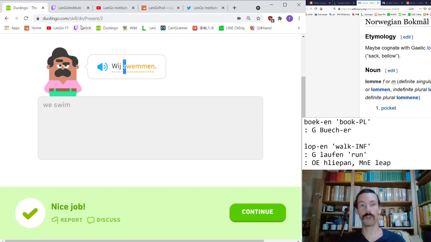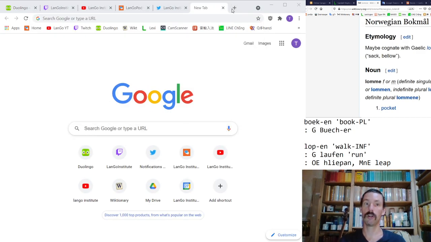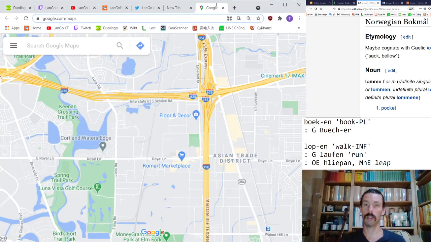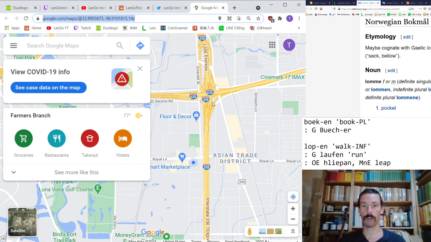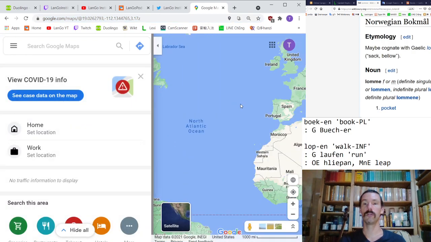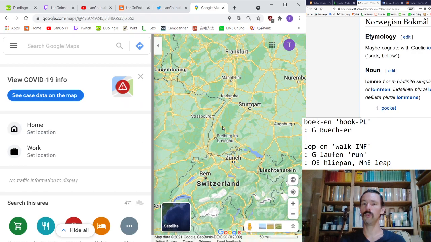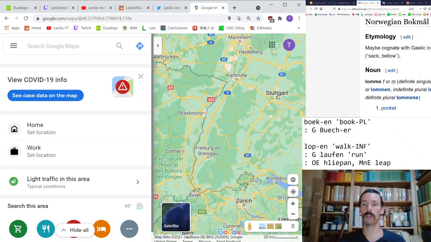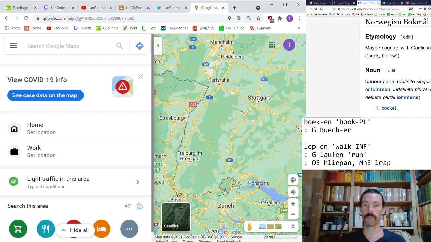Map where in Germany? Certainly, happy to. Let's do it over here. So the nearest big city is Stuttgart in the state of Baden-Württemberg in the southwest corner. Let's just find our way over. Mosey over yonder. So we were two or three hours from the French border. Stuttgart's here. It's the biggest city in that corner of Germany.